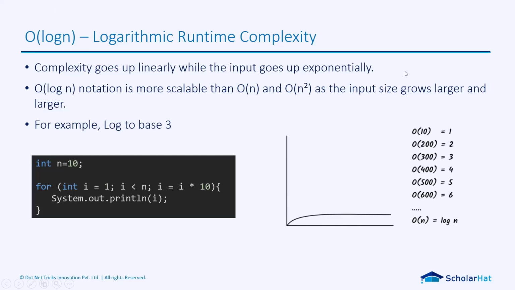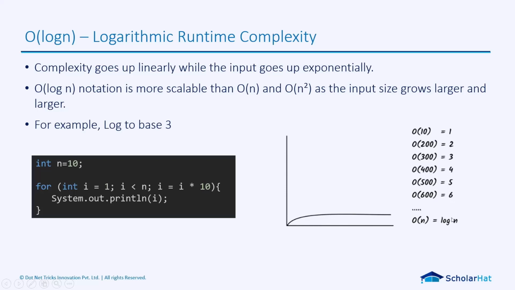Here you can see O(10), when 10 is given, the output is 1. When 200 is given as input, it gives more or less the same output. It is increasing but very slowly. You can see the input goes 10, 100, 300, 400, 500, 600, and the output is 1, 2, 3, 4.